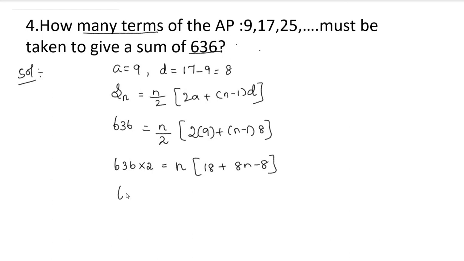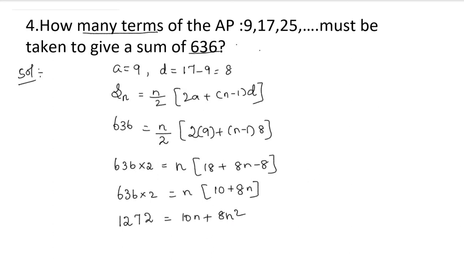So next, 636 into 2 is equal to n into 18 minus 8, which is 10, 10 plus 8n. 6 2s are 12, 3 2s are 6, 6 plus 1 is 7, again 6 2s are 12. So 1272 is equal to 10n plus n into 8n, I'll get 8n square.